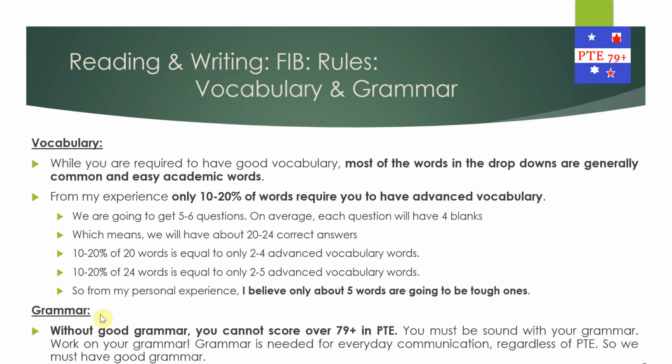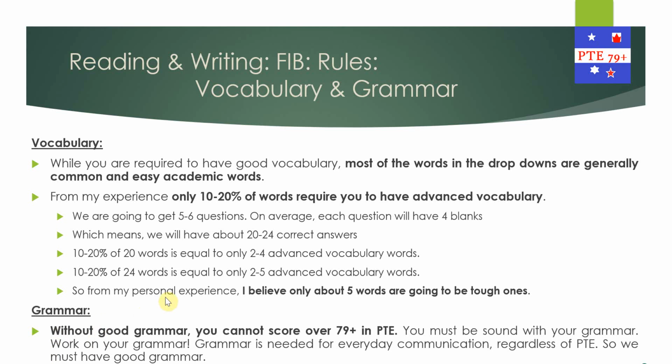Now about grammar, without good grammar you cannot score over 79 plus in PTE. You must be good at your grammar. If you forget about PTE, you need grammar for everyday communication. You need good grammar to talk to people. So better, if your grammar is not fine, just take a grammar book, practice, learn the grammar. It will be helpful throughout life, not only for PTE, right?